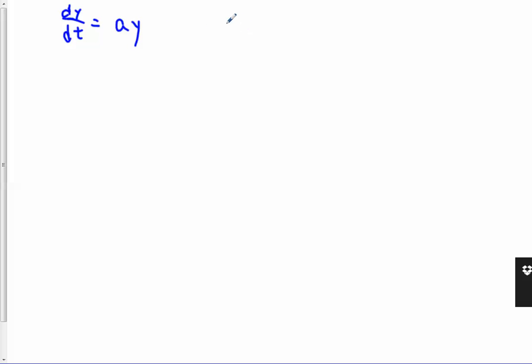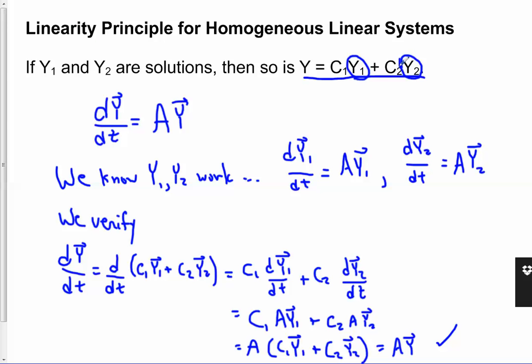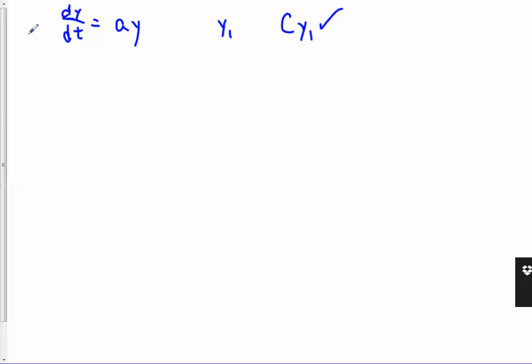And if we found any solution to it, y1, then c times y1 was also a solution. That was our first linearity principle: if you found any solution, then just multiplying by c would also work. So there's only one here. Now we have two. And the way you combine two is the linear combination. C's in front of each of them, and you add them.